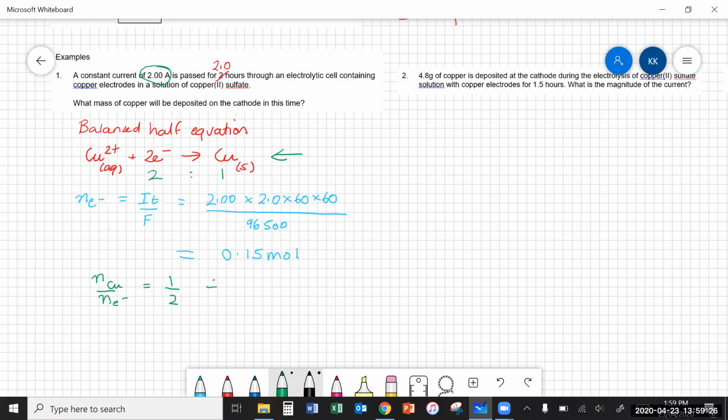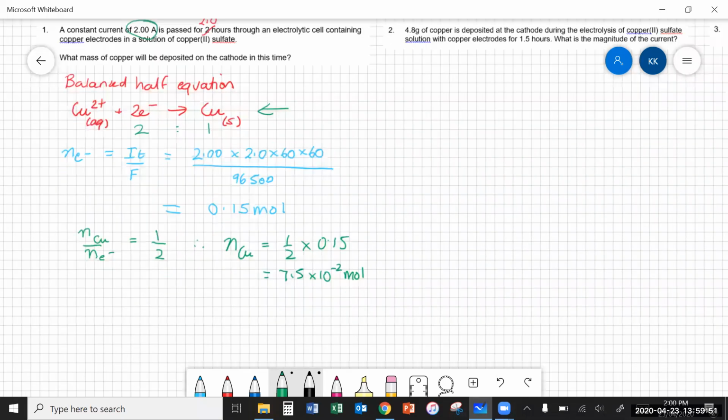So therefore, our moles of copper is going to be half of our moles of electrons. And keeping the original answer in your calculator, you do get 7.5 times 10 to the minus 2 moles of copper.